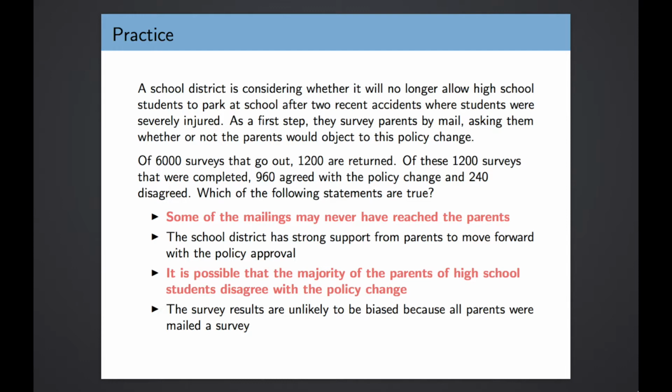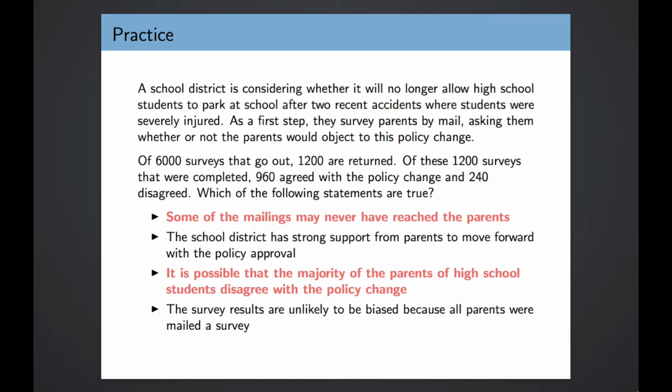The parents who sent back the survey are the ones that we want to think about. Are those parents more likely to have particular characteristics that make them different from the parents who didn't respond? For example, are the parents who mailed the survey back ones who maybe were more likely to know the injured students and have a really strong opinion that the high school kids shouldn't be able to drive and park at school anymore?